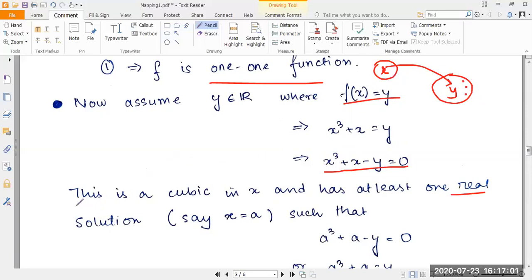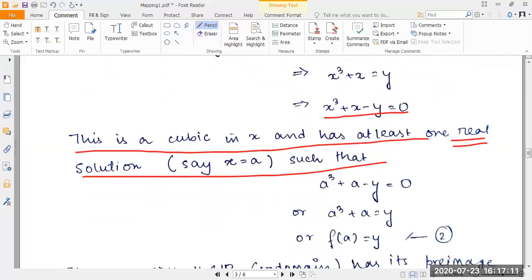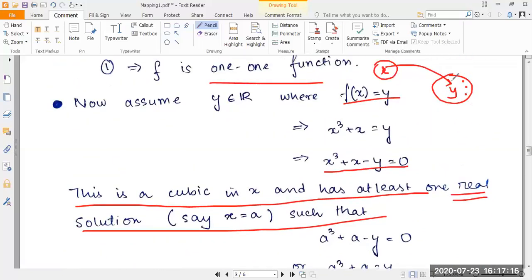So as I have said here, this is a cubic in x and has at least one real solution, say x equal to a, such that a cube plus a minus y equal to 0. So for every element y in the range set, we have some element x, let's say x equal to a, which can be mapped to y.